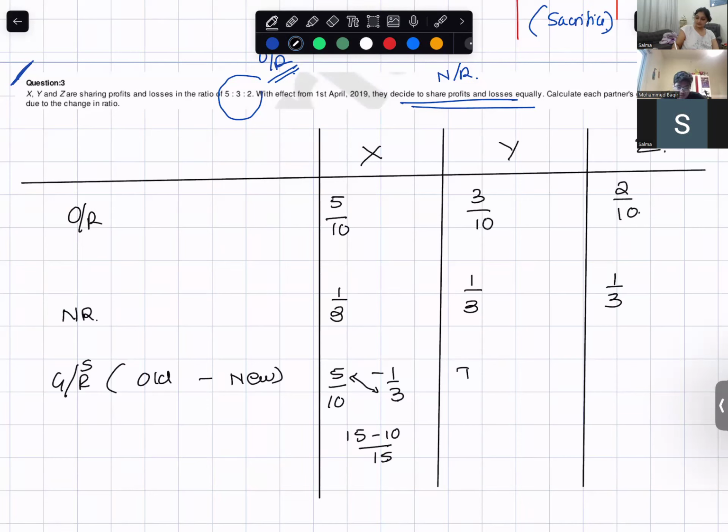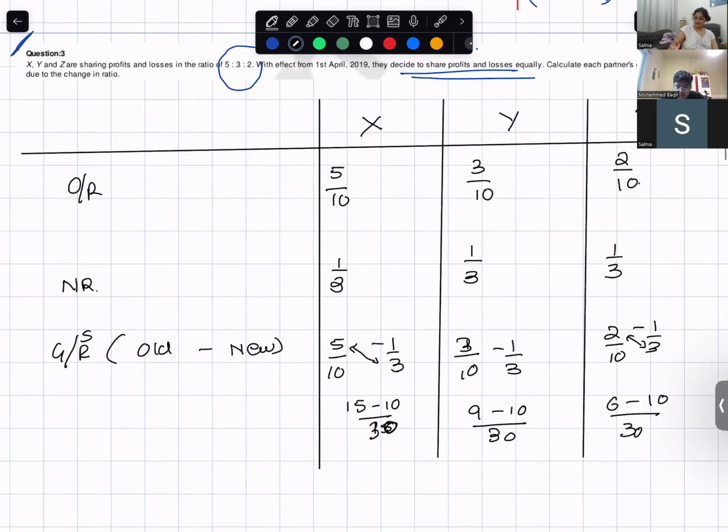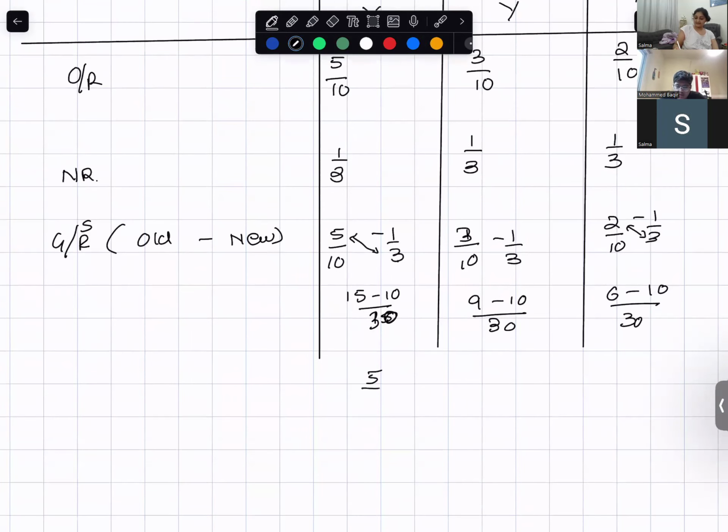Old minus new. So it is 9 by 30. And this would be 6 minus 10 by 30.